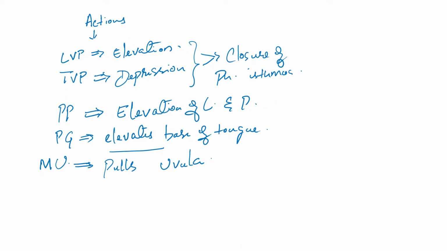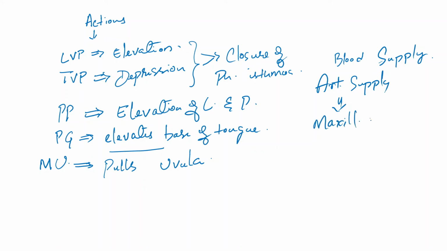Moving on to the very next, the blood supply of the soft palate. The arterial supply of the soft palate is by the palatine branches of the maxillary artery, the palatine branches of the facial artery, as well as the branches of the ascending pharyngeal artery.